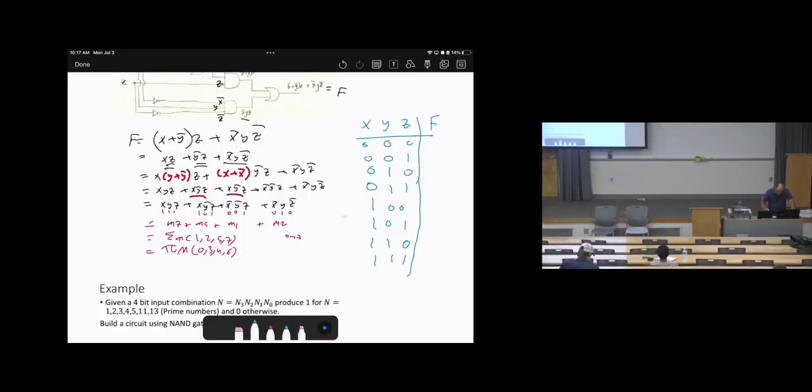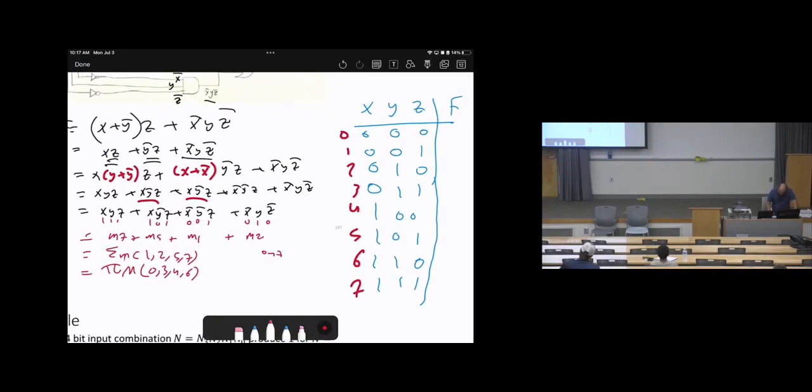So basically this stands for 0, 1, 2, 3, 4, 5, 6, 7. According to this function, the minterms are 1, 2, 5, 7. So there is 1 at 1, 1 at 2, 1 at 5, 1 at 7. Then the remaining are zeros. Then that's it. So this is the advantage of using the canonical form.